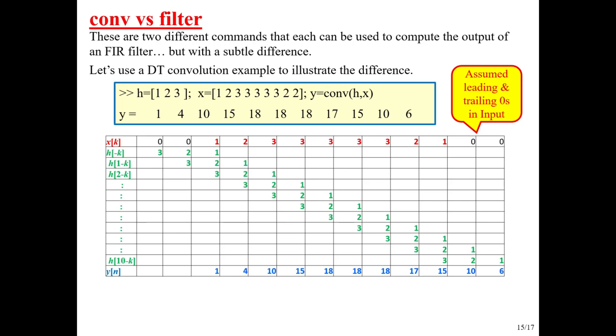So let me just take you through that. Also, the convolution command assumes, in order to do its computation, that there are zeros preceding and following whatever the signal is, and also zeros preceding and following whatever the impulse response is. I just didn't show those here.